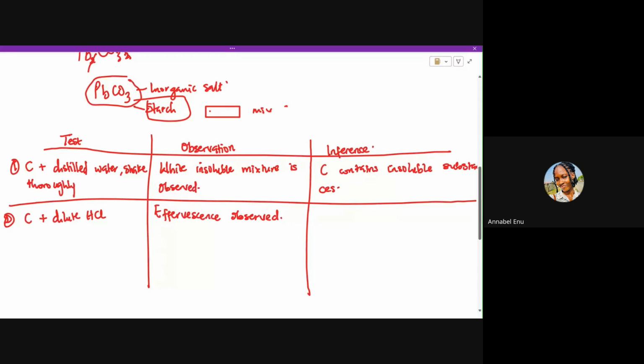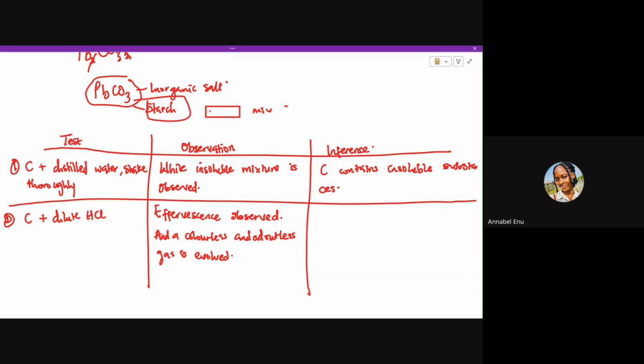A second thing we are going to be observing in this process is that effervescence is observed, and a colorless and odorless gas is evolved.